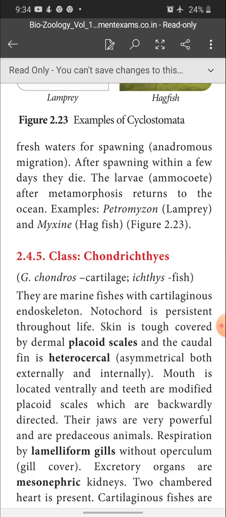It is called anadromous migration, that is movement of fishes from marine to freshwater. After spawning, that is after reproduction, within a few days they die. The larval form, the ammocoete, after metamorphosis returns to the ocean. Examples for this are Petromyzon, lamprey, and Myxine, commonly called hagfish.